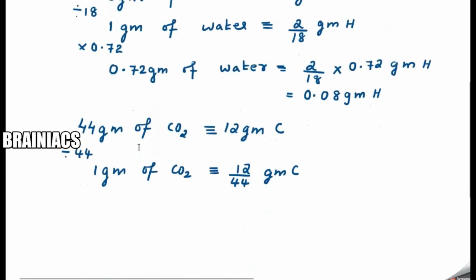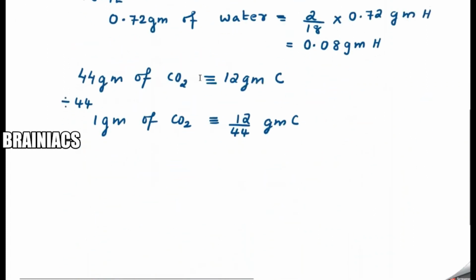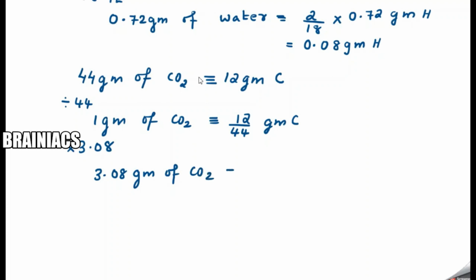So we will multiply with 3.08 on both sides. So this will become 3.08 gram of carbon dioxide, which has a mass of 12 by 44 into 3.08 gram carbon. And if you divide, this value will come around 0.84 gram carbon.